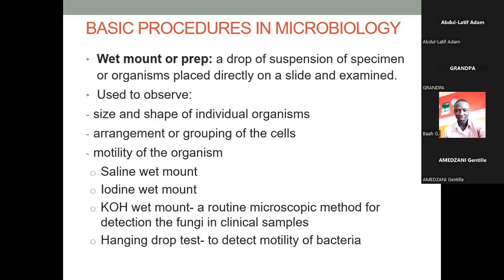So try and follow me as much as possible. Then at the edges of the cover slip, you apply Vaseline, something that can cause things to stick. So you apply Vaseline at the corners of the cover slip. Now, you are going to place the depression slide on the cover slip.